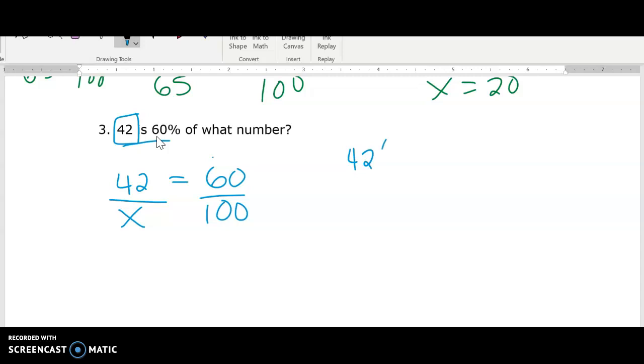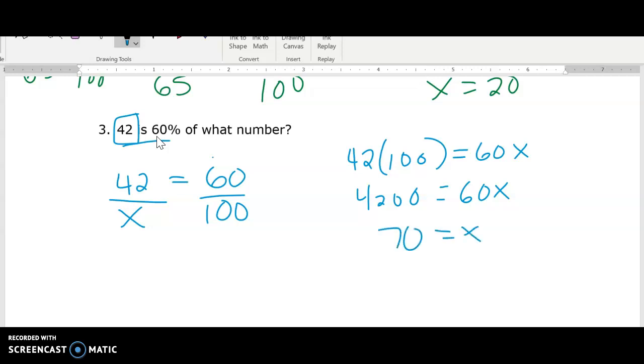So cross multiply: 42 times 100 equals 60x. 4200 equals 60x. $70 equals x, and so it's 42 over 70 equals 60 over 100, and that's what I'm looking for.